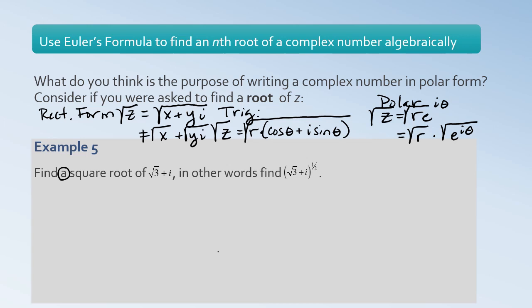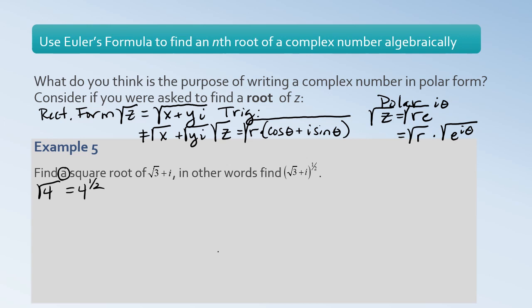Also recall that another way of writing a square root, having that radical symbol, for example, the square root of 4, is by writing 4 to the power of 1/2. So if I ask you to find the square root of the square root of 3 plus i, another way of saying that is to find the square root of 3 plus i, all raised to the 1/2 power.